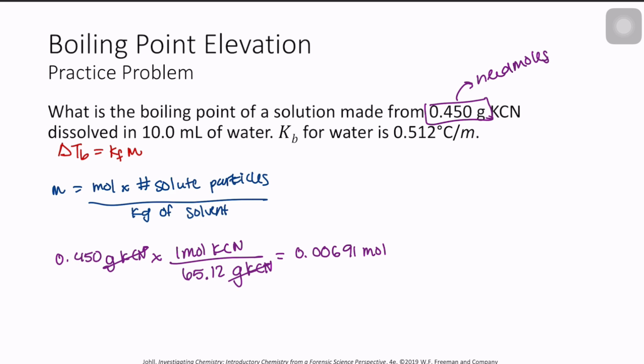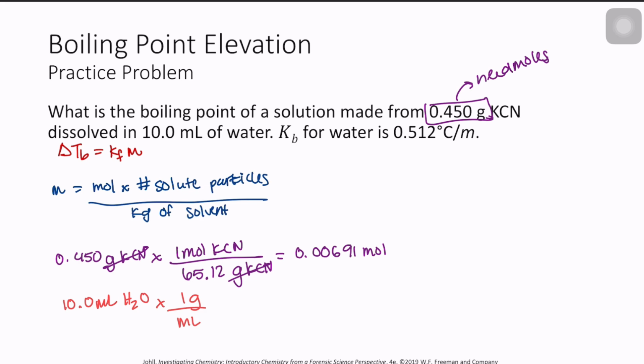I also need to calculate the kilograms of solvent. I have 10 milliliters of water. And I know the density of water is 1 gram per milliliter. Remember, that's only the density of water. If you have a different solvent, you need to use the density of that solvent.